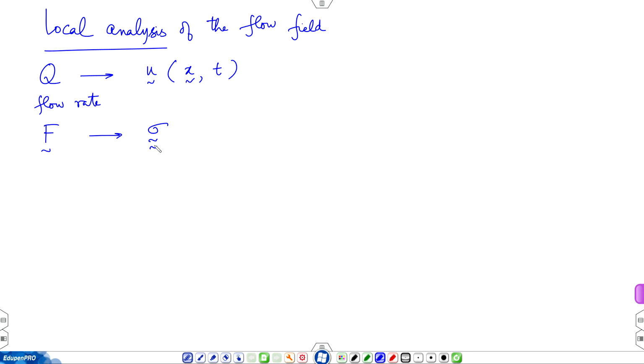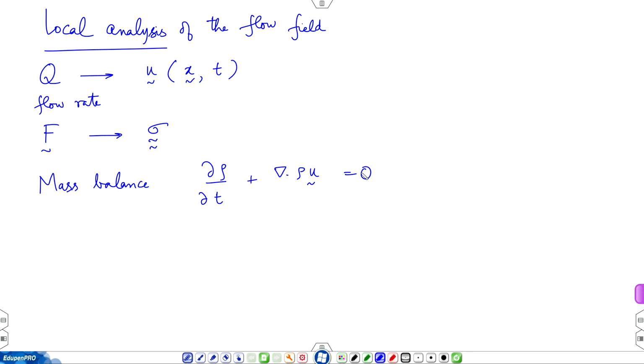Now, we have done some amount of local analysis already. We started with mass balance. And we were able to derive a local form of the mass conservation equation in this form, where del dot rho u is interpreted as mass inflow minus mass outflow.